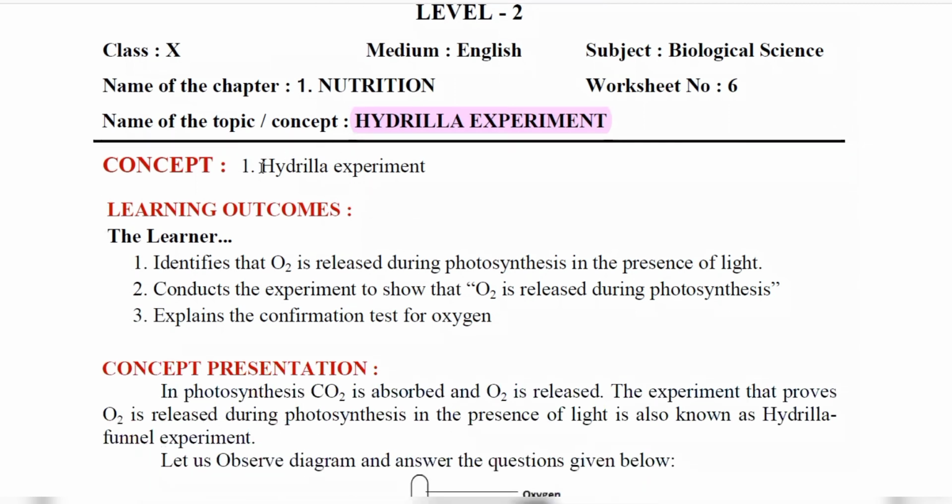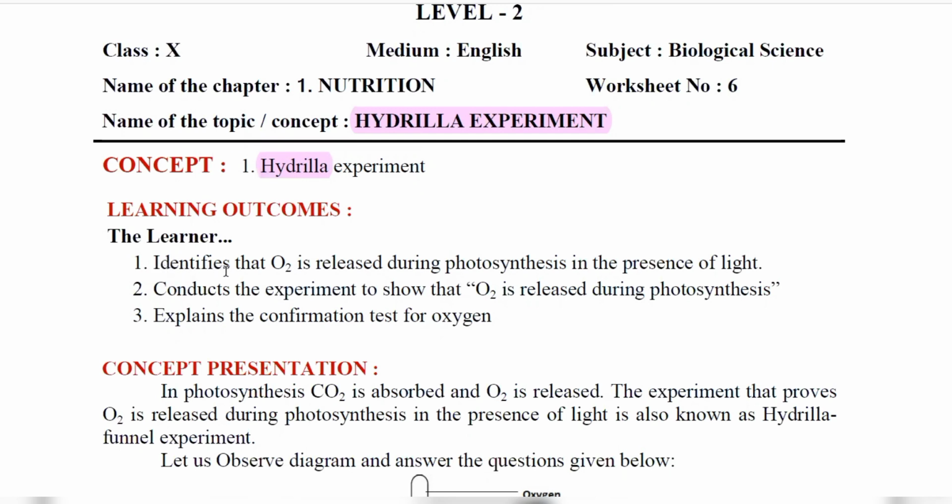You know that hydrilla is one of the aquatic plants. So what are the outcomes for the learner?